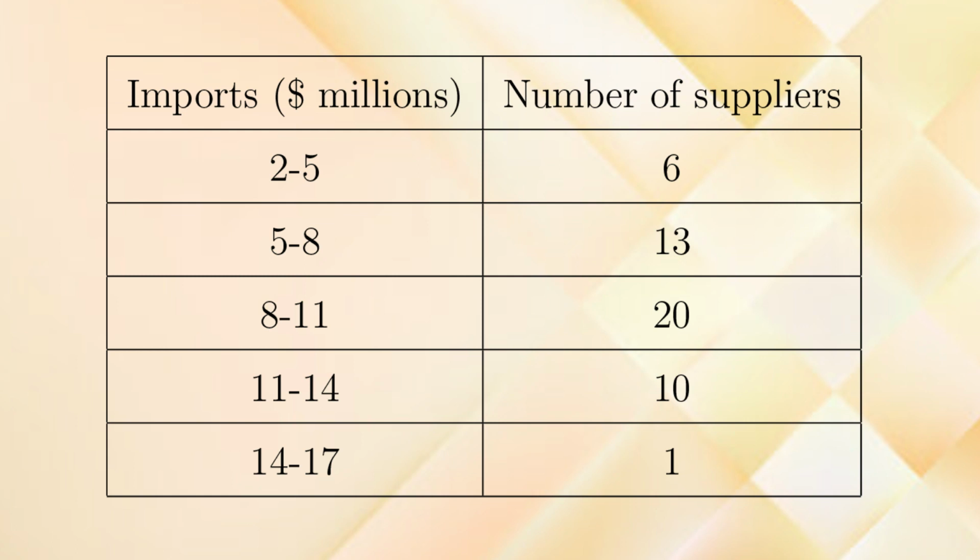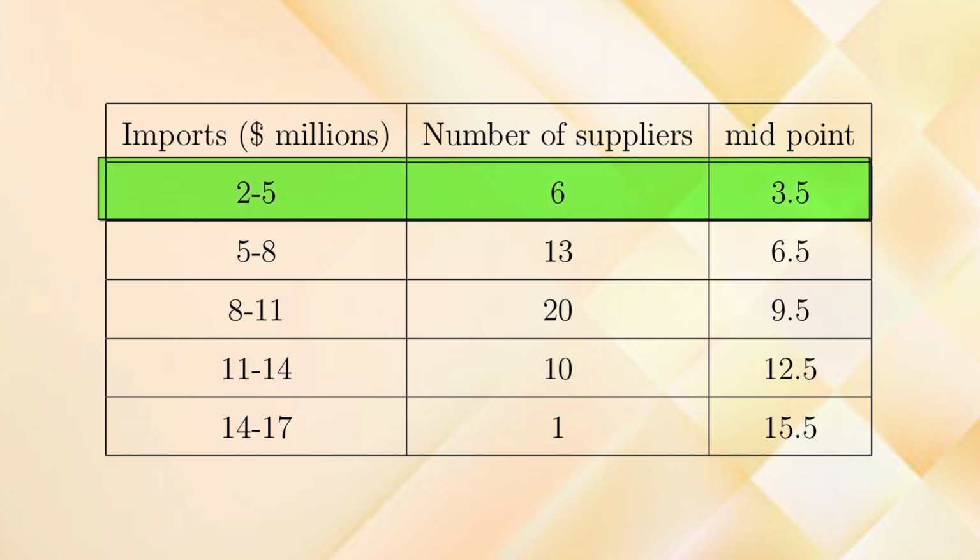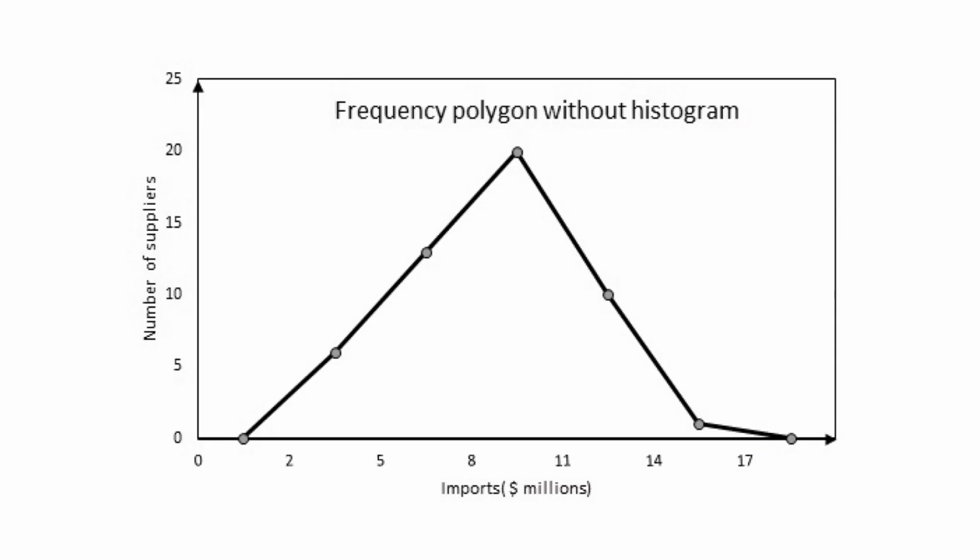Now, the midpoints are considered on the x-axis and the frequencies on the y-axis. For the class 2 to 5, the midpoint is 3.5 and the frequency is 6. Hence, mark a point where 3.5 of the x-axis and 6 of the y-axis intersect.